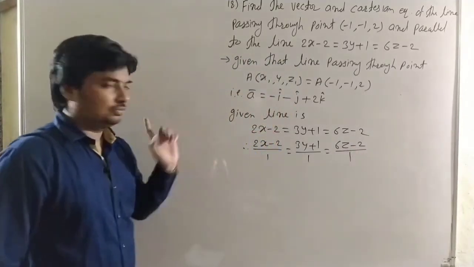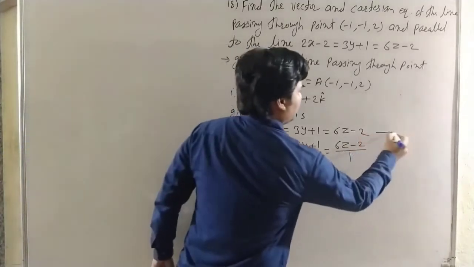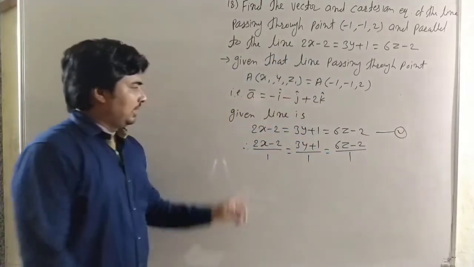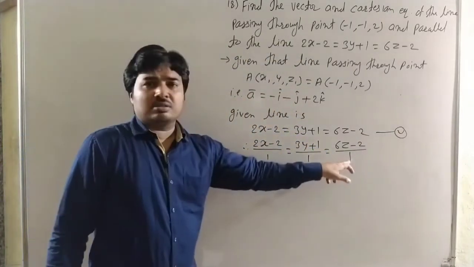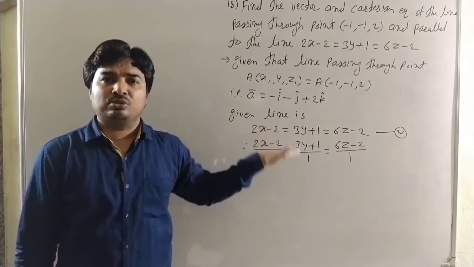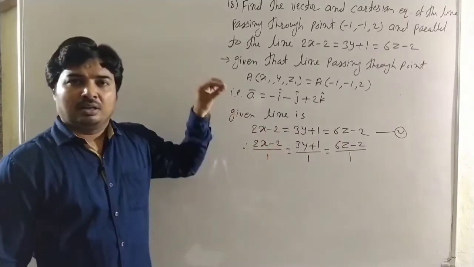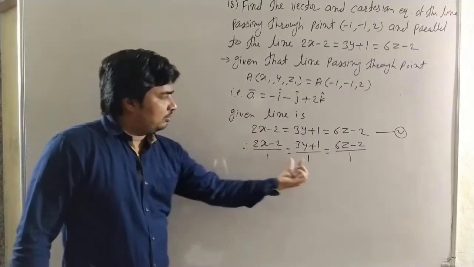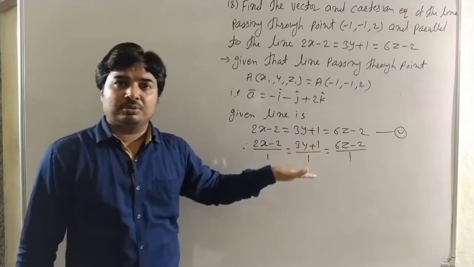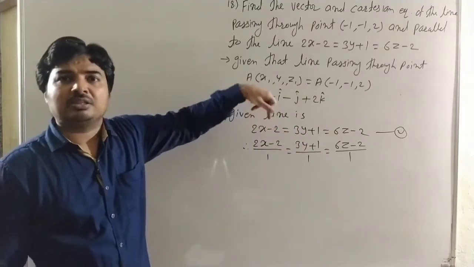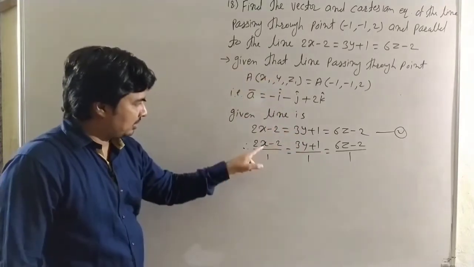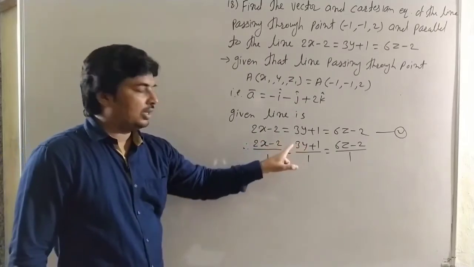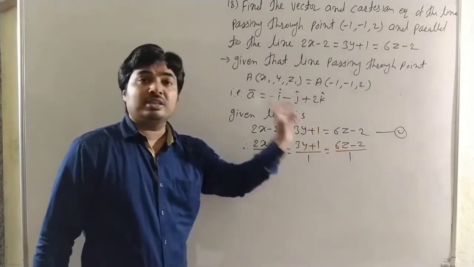See carefully, this is equation number 1. These numbers are the direction ratios only if the coefficient of the variables x, y and z is 1, but here the coefficient of x is 2, of y is 3, and of z is 6.